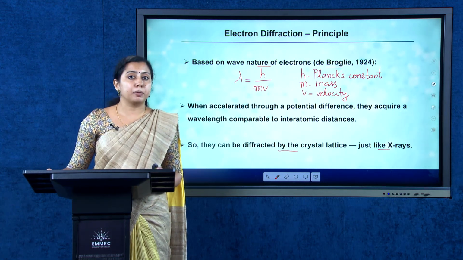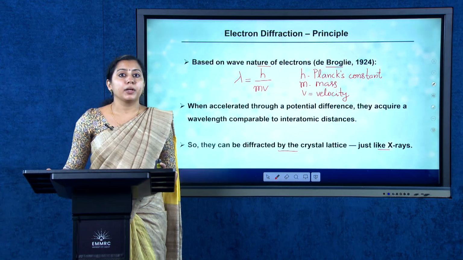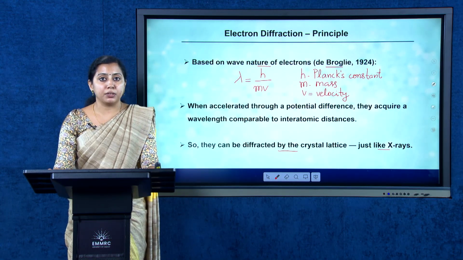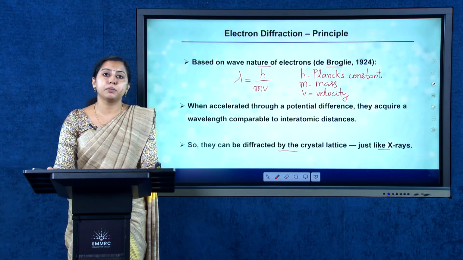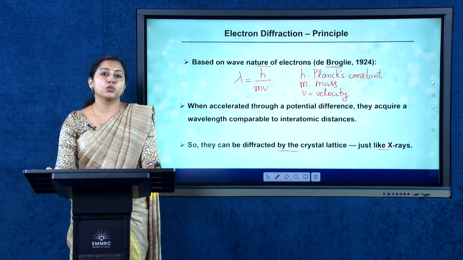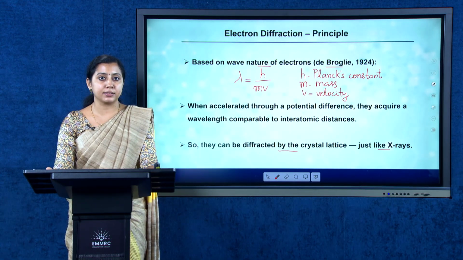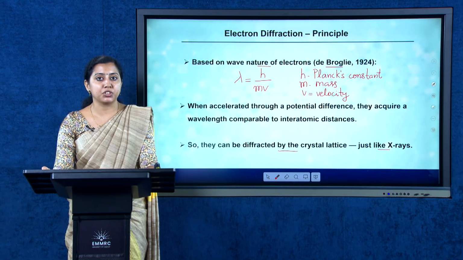Because their wavelength is comparable to the spacing between the atomic planes. So, in the case of electrons, when they are accelerated through a potential difference, they acquire a wavelength comparable to the spacing between the atomic planes. So, electrons can also be diffracted by the crystal lattice. This is the basic principle of electron diffraction.